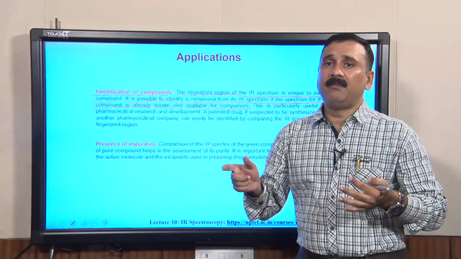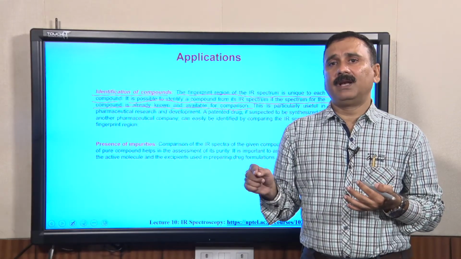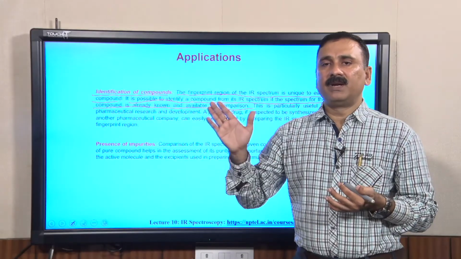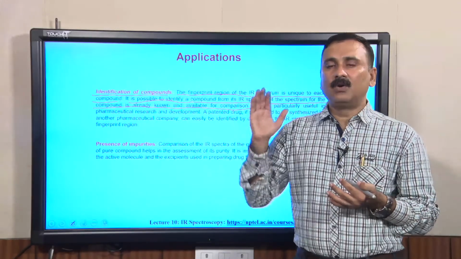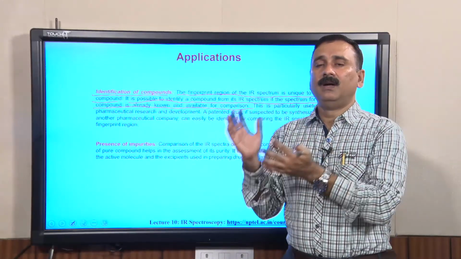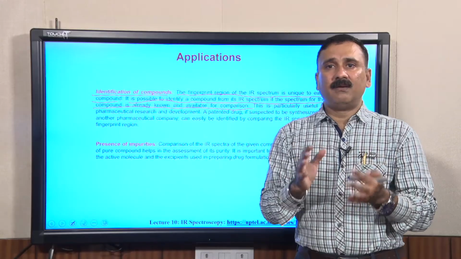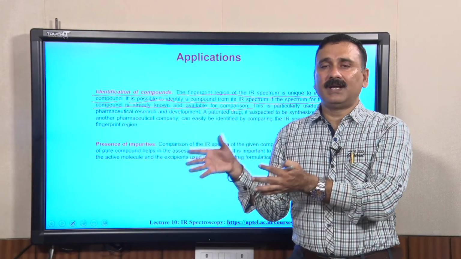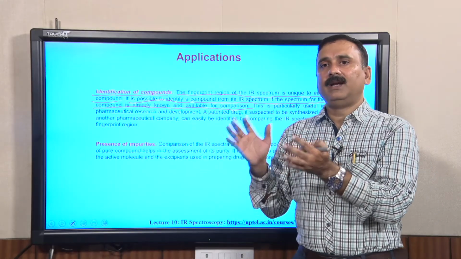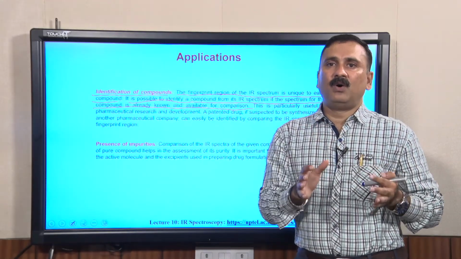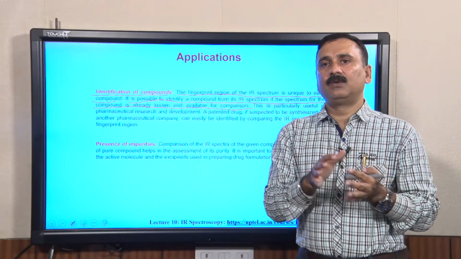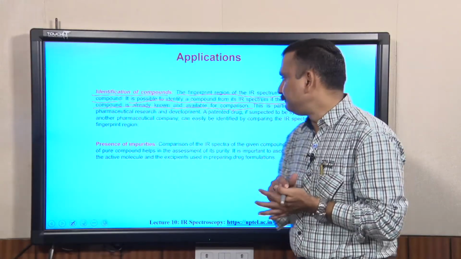But if you have a pure compound for which you have collected the IR spectrum and you know these fingerprint peaks appear in this particular compound, then if you do a similar analysis with a compound isolated from the host cells and it gives those peaks, that confirms this is the same compound that has been isolated from the host cells.